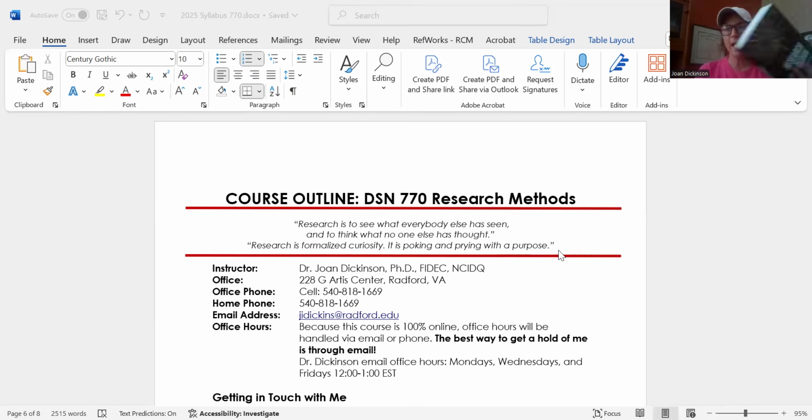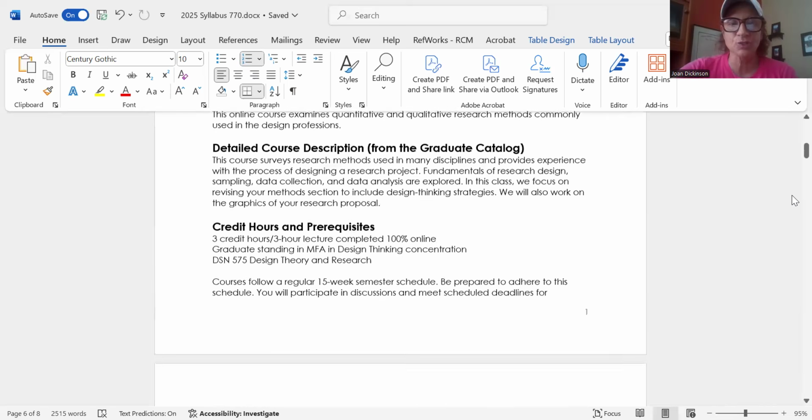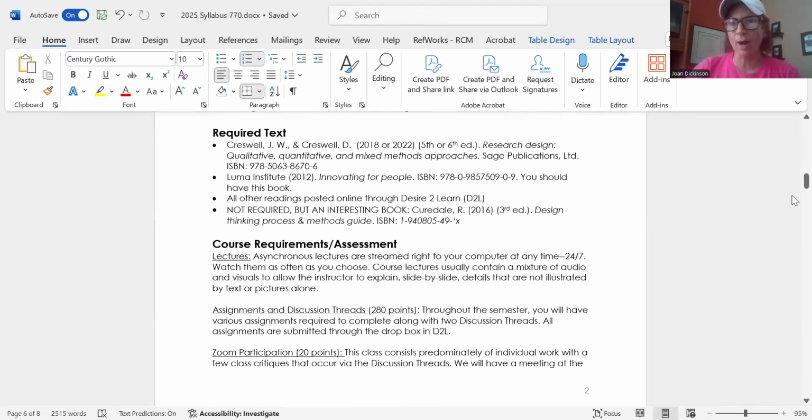Our book for the class is Research Design. This is a book written by Cresswell and Cresswell. And you're going to notice, if you scroll down, I have the syllabus pulled up on the screen, and you're going to see the required textbook for this class. You can get either the fifth or sixth edition. That's totally fine.